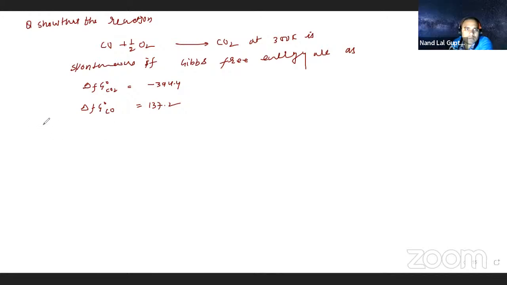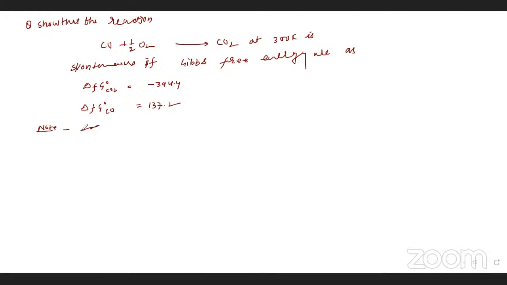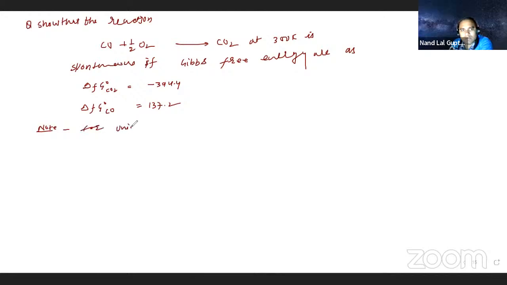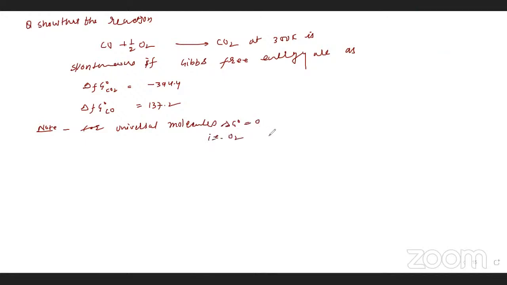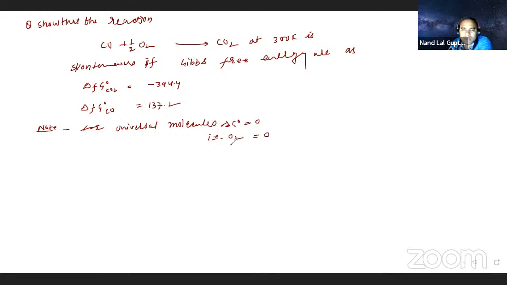And note, for a universal molecule, delta G naught is 0. If it is O2, it is already found in nature, so its value will be 0. N2, its value will be 0.